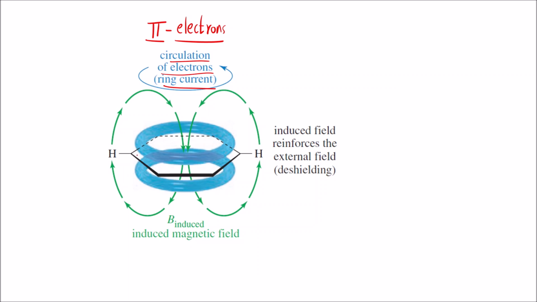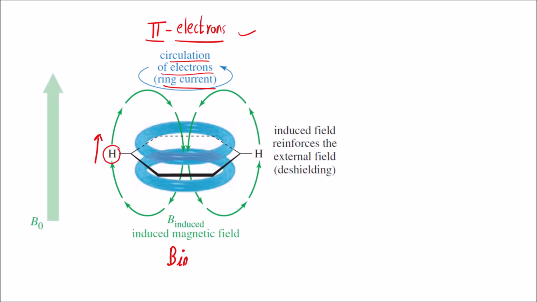So the molecule having pi electrons will have an induced magnetic field within the molecule, called B induced. It has some direction, so you can see for this proton its induced magnetic field direction is like this.